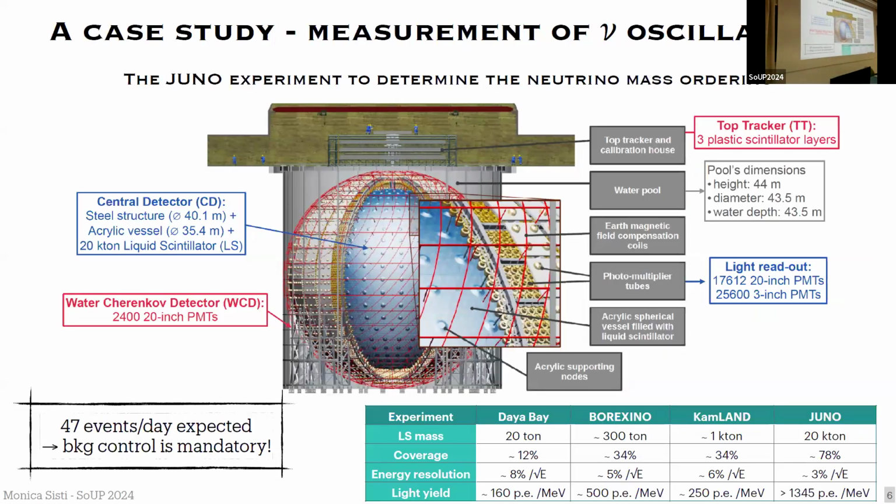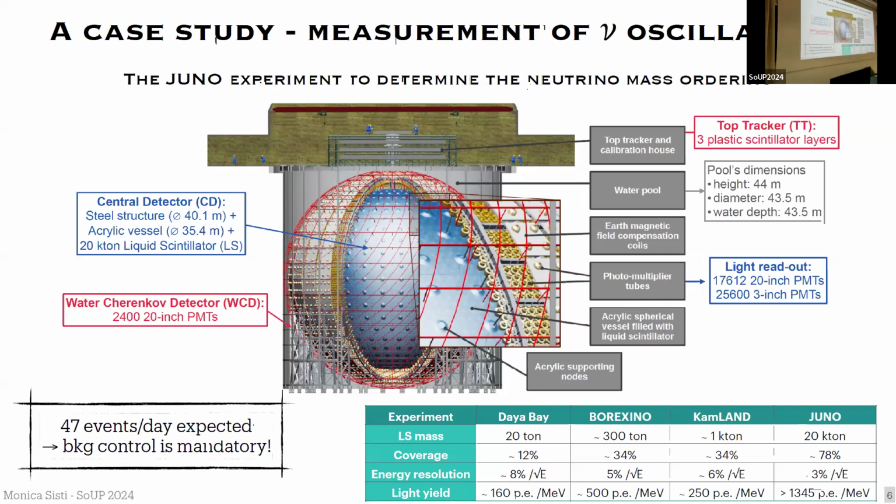Another example is JUNO. I will go fast here because Barbara has introduced it yesterday. It's a very huge scintillation detector with a mass that is about 70 times the one of Borexino and 20 times the one of KamLAND. And here also the radiopurity is a strong point, because this detector has the main goal of measuring the neutrino mass ordering.